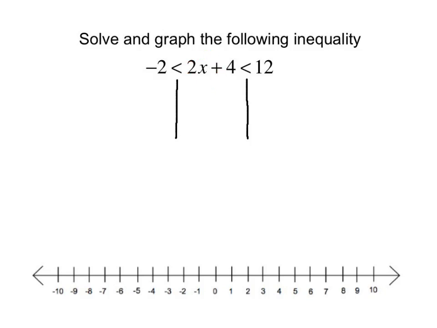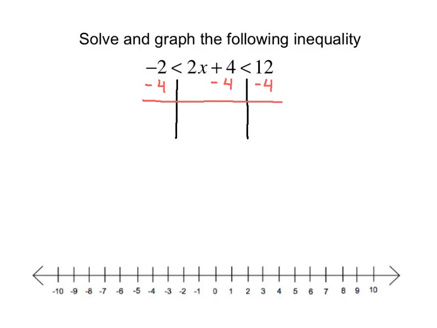I'm trying to get this x in the middle by itself, so I'm going to solve just like always. To get x by itself, the first thing I have to do is undo the addition by subtracting 4. But here's the thing that's different: there's not just one side of the equation now. There's a left, a right, and a middle part of the inequality. So I'm going to subtract 4 from all three parts, and this is where keeping your organization in line is very important. Now I can rewrite all three parts of the inequality.